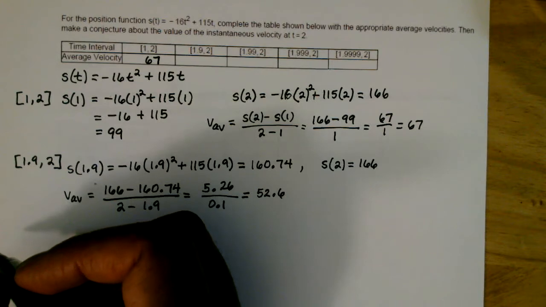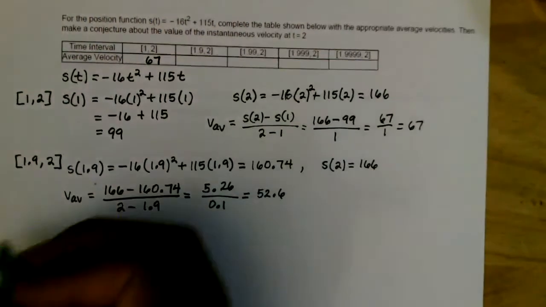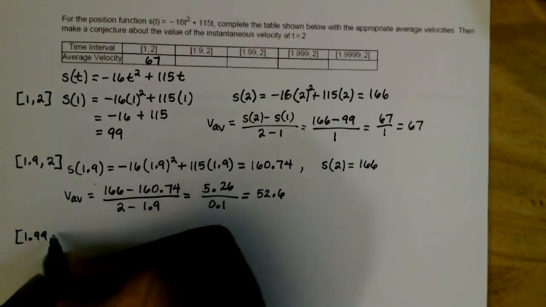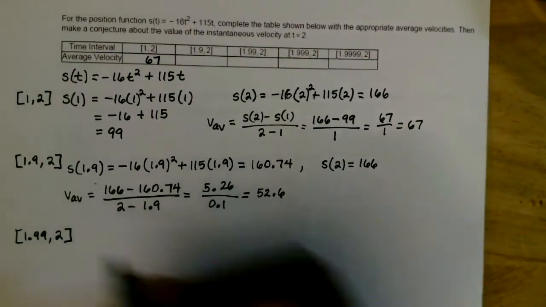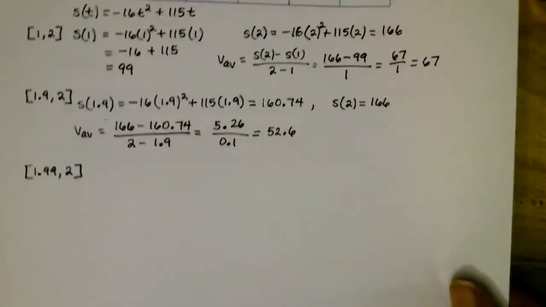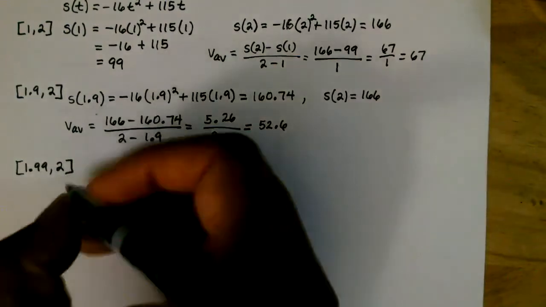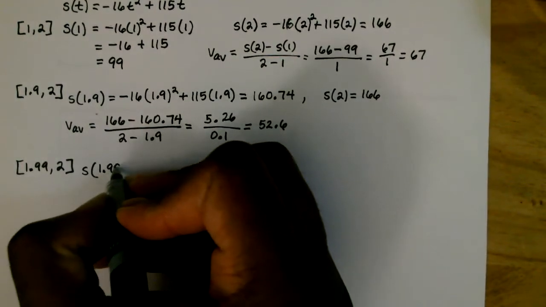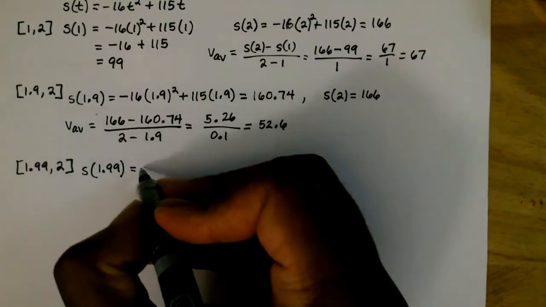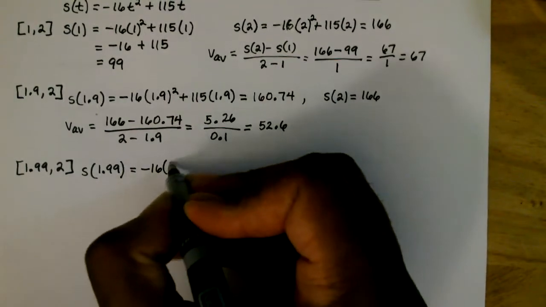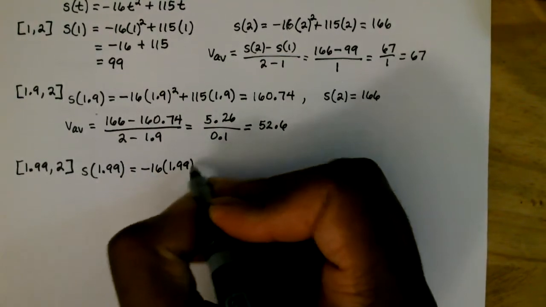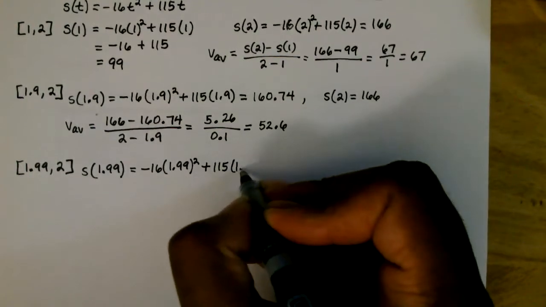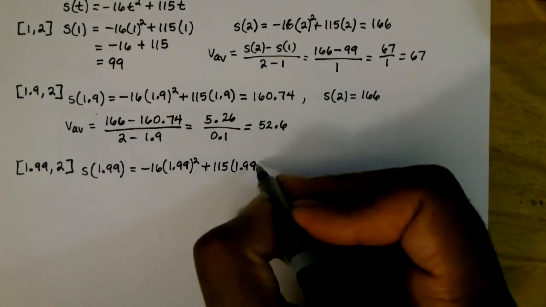And now the next one, 1.99 to 2. In this case, S of 1.99, this time we're going to get negative 16 times 1.99, and that's squared, plus 115 times 1.99.